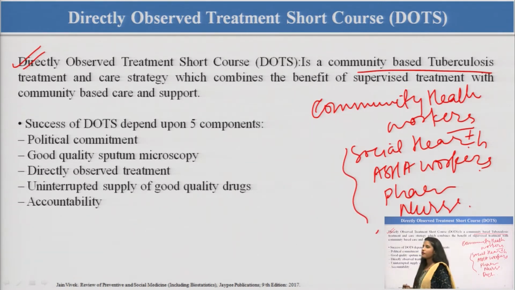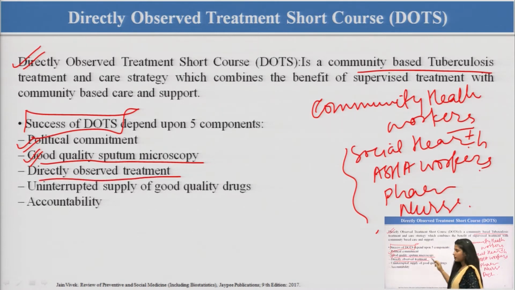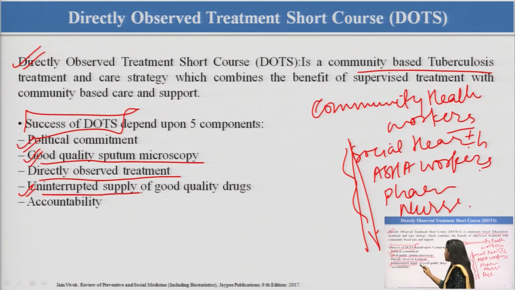So, what are the requirements for the success of DOTS? How will we achieve success in directly observed therapy? We need some commitment: political commitment and political funding; good quality sputum microscopy, because it is the diagnostic test; directly observed treatment, where they supervise the treatment and the patient; and uninterrupted supply of good quality drugs, even in areas where patients are not able to access the facility.